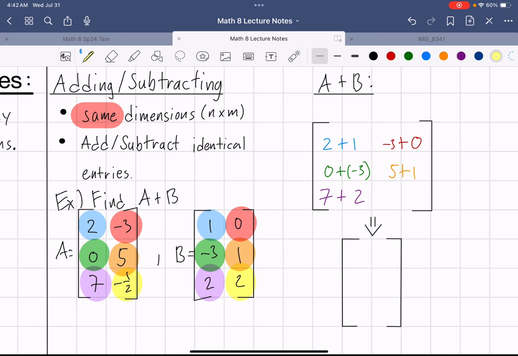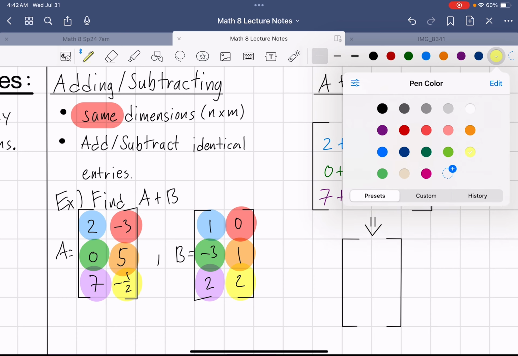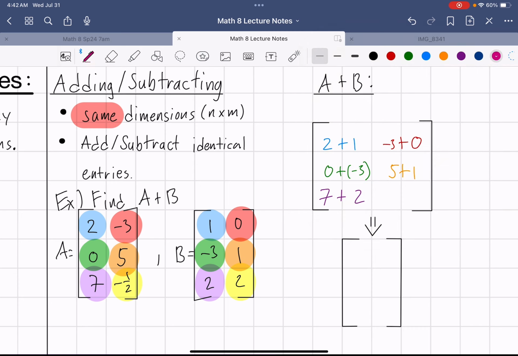Let me switch it to not orange. I'll use this magenta color. Hopefully you can see the one we added. I'll highlight it in yellow so that we know that's the corresponding one. But that's it. You just add corresponding coordinates. 2 plus 1 is 3.